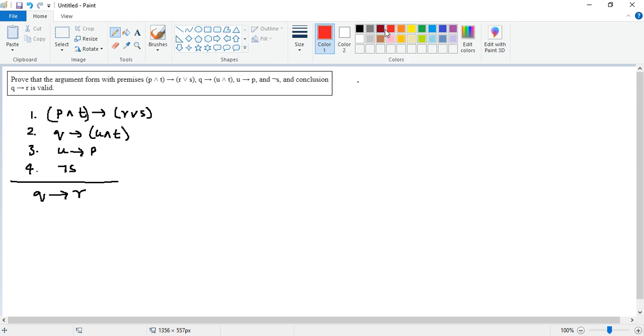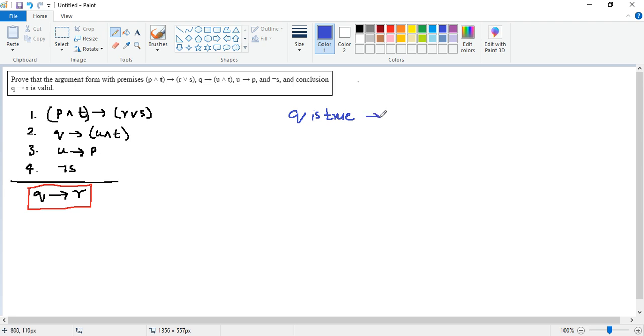So, when you have an implication as a conclusion, like in this case, you can start with an assumption that Q is true. The reason is that for that implication to be true, we only need to know whether, when Q is true, R is true.